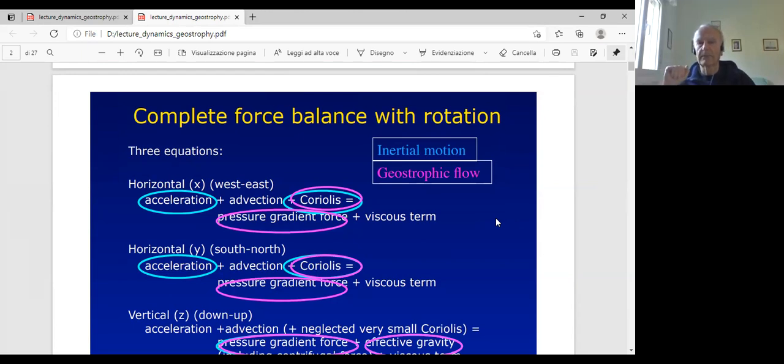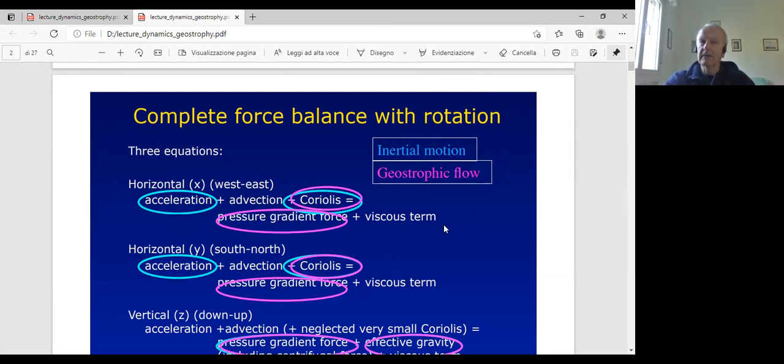What we have also seen using the mathematical formalism, and as I told you before, for inertial motions we have acceleration and Coriolis force. We kept only these two terms. Here also the same thing in the y direction.